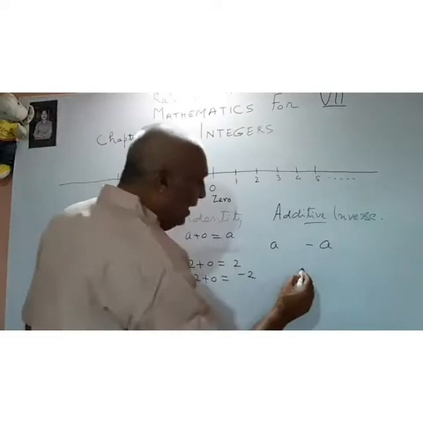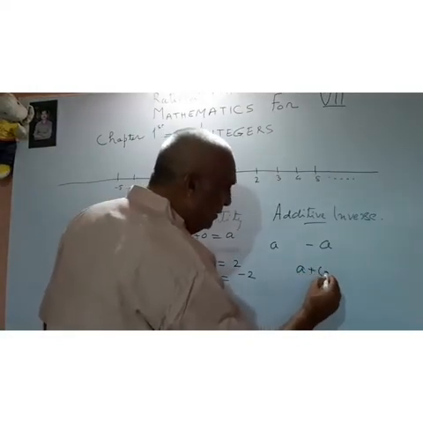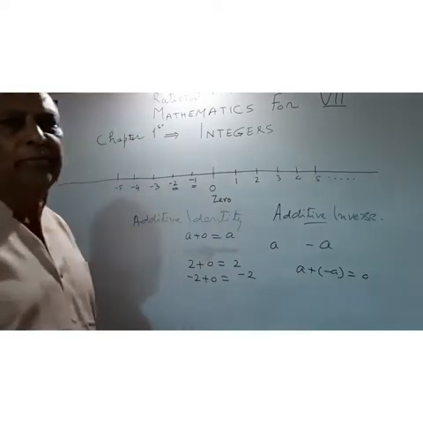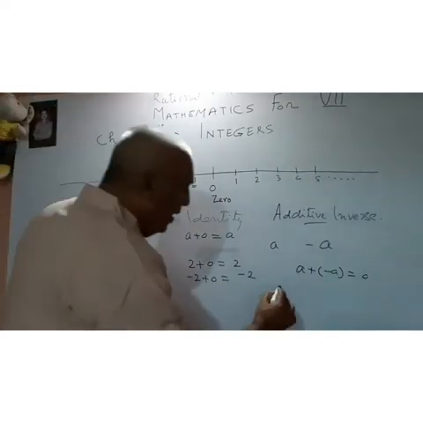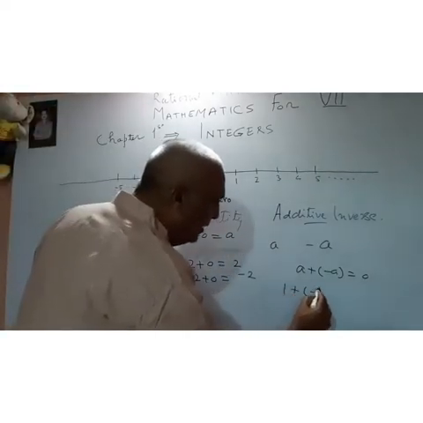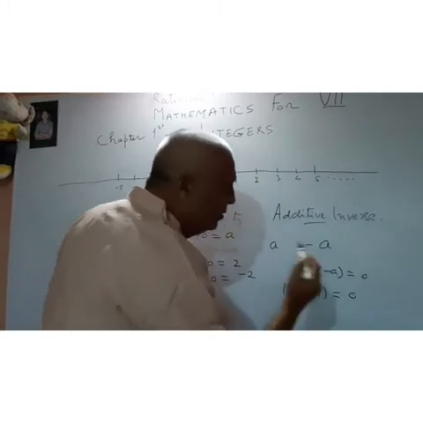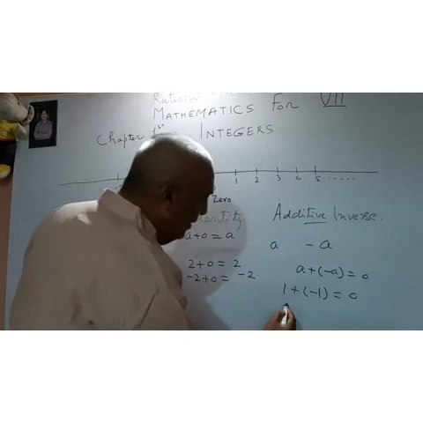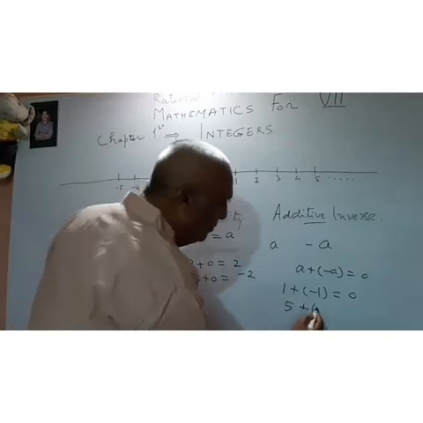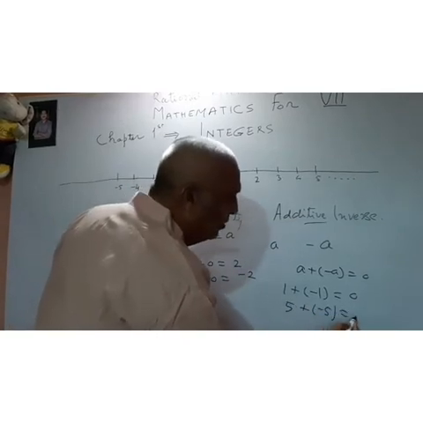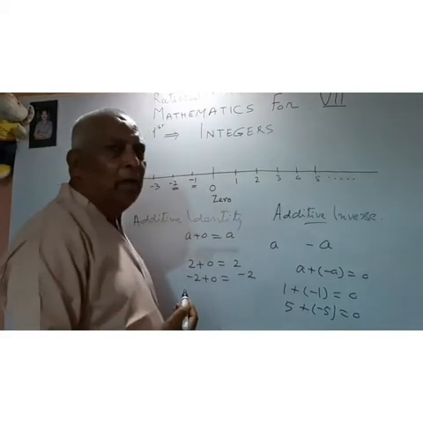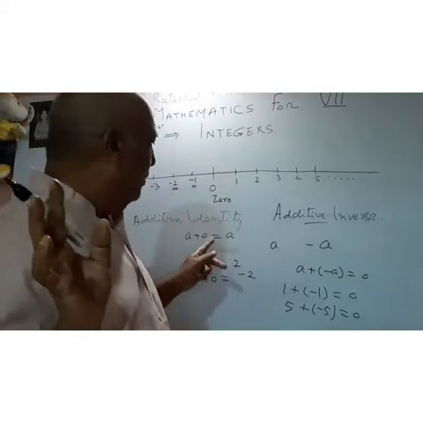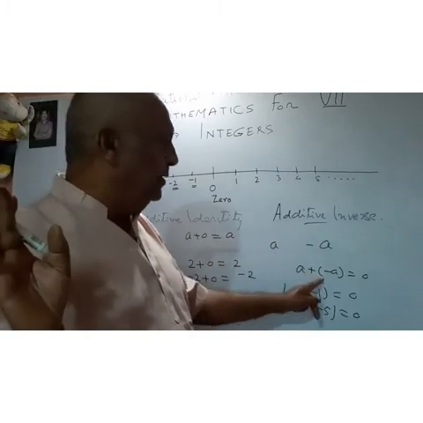Means if we add a plus minus a, it will become 0. 1 plus minus 1 will become 0. 5 plus minus 5 is equal to 0. For all the integers, it will be like this. So, this will be called the additive inverse law.